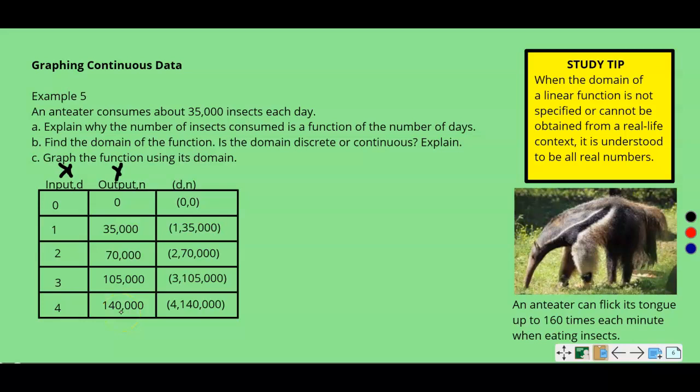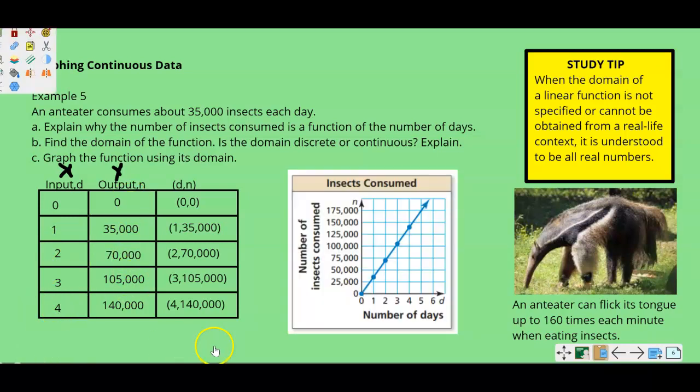All right, so I'm going to show you an example of how this would look if it were graphed. But again, if you choose to make your scale a little different, it's fine. Just make sure that it makes sense to this set of data. All right, so this example you can see goes from number of days. It does have a scale of 1 through 6, and then it would be continuous if you made it larger. And this one uses 25, 50, 75, 100.